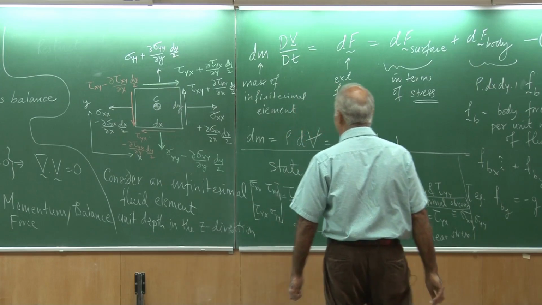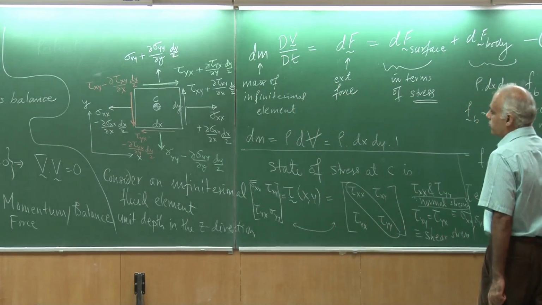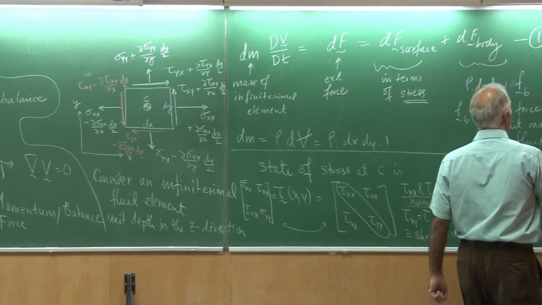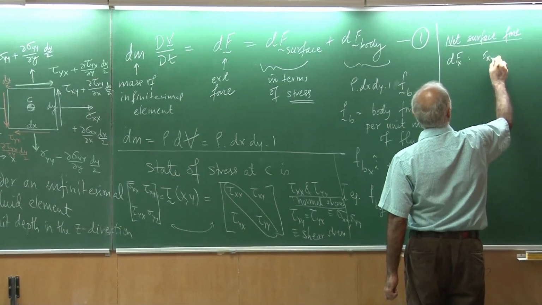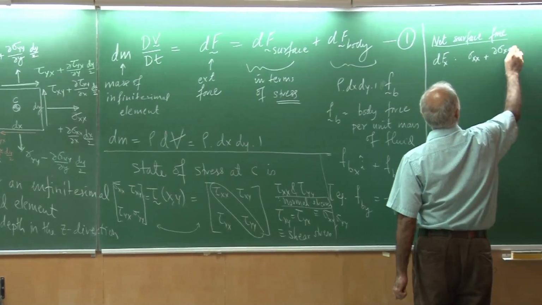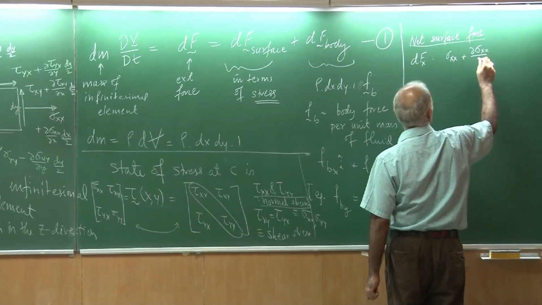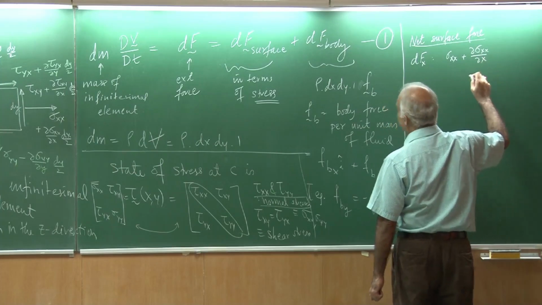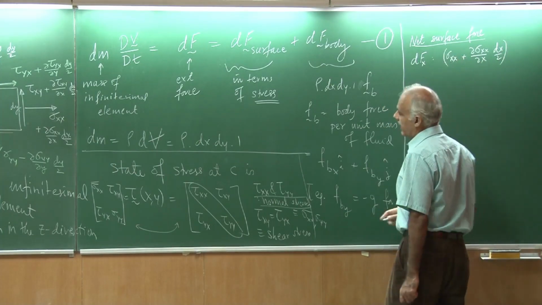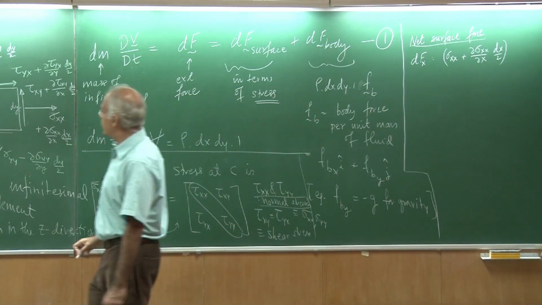Okay, so let us write that down. Because of this sigma xx, that would be sigma xx plus del sigma xx by del x and dx by 2, and I need to multiply this with the area.